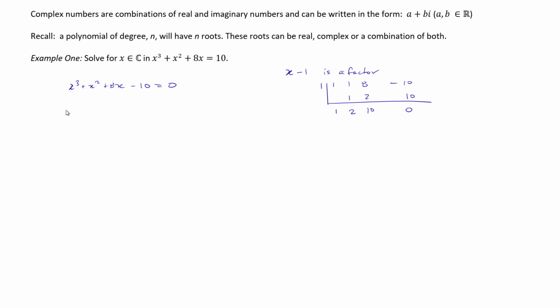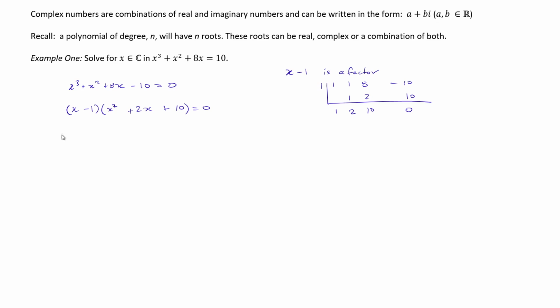So this gets factored into x minus 1 times x squared plus 2x plus 10, and that is equal to 0. So I've basically taken this cubic and factored it into x minus 1 and this quadratic trinomial. I don't see two numbers that multiply to give me 10 and add to give me 2 right off the bat.